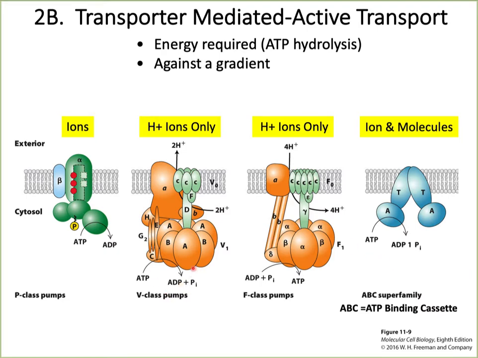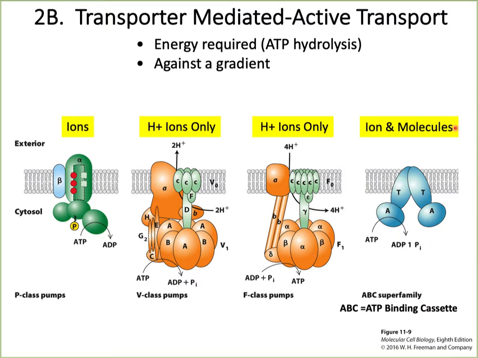The V-class pumps couple ATP hydrolysis to transport protons against a concentration gradient, and they generate a low pH of plant vacuoles, lysosomes, and other acidic vesicles in animal cells by pumping protons from the cytosol into the organelle or vesicle. The F-class pumps, on the other hand, work in reverse to use the energy in a proton concentration or voltage gradient to drive ATP synthesis in mitochondria and bacteria.